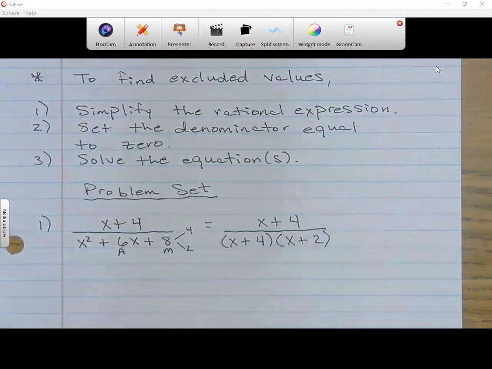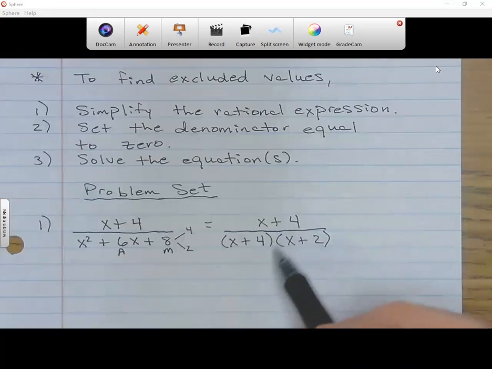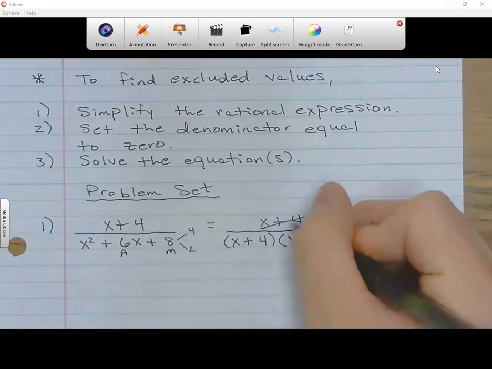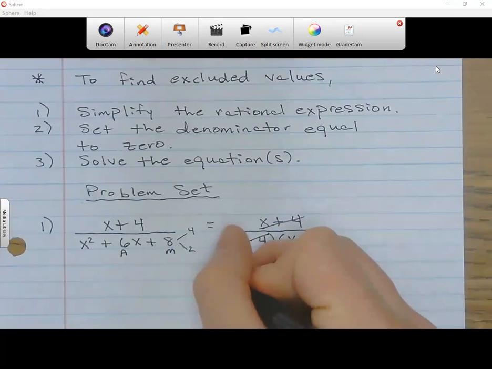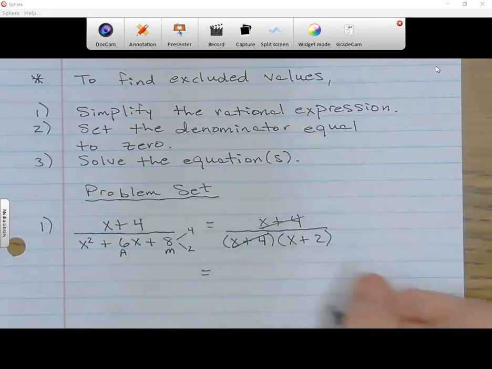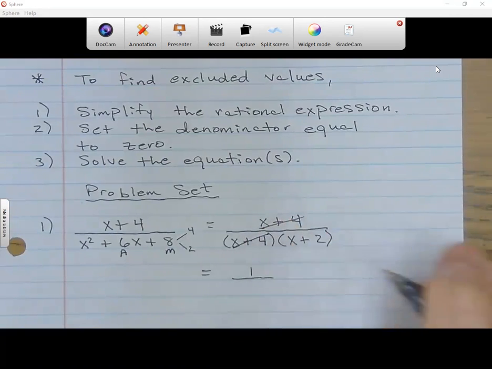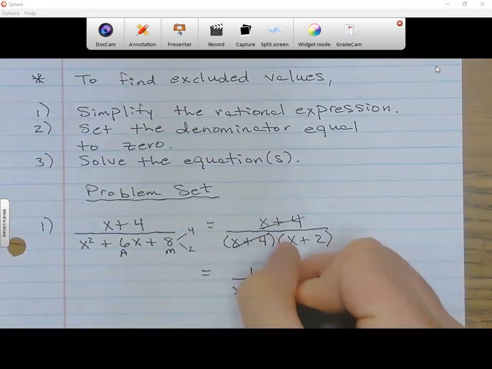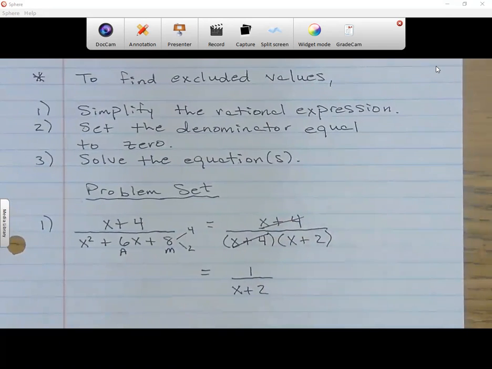So what is the same on the top and bottom? The x plus 4, right? So I can cross those out. And when I'm done with that, I'm left with 1 over x plus 2. Okay, so that is simplifying.